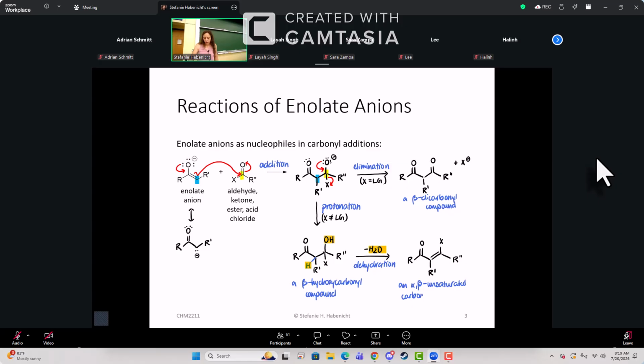The product after dehydration is an alpha beta unsaturated carbonyl compound. So really this is in part, not in its entirety, but in part a reminder of how aldehydes and ketones and acid derivatives react with nucleophiles, right? Just a different nucleophile.